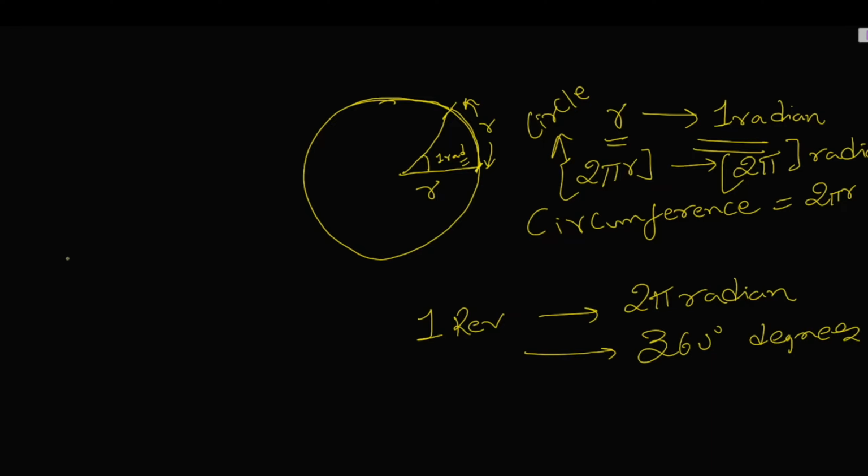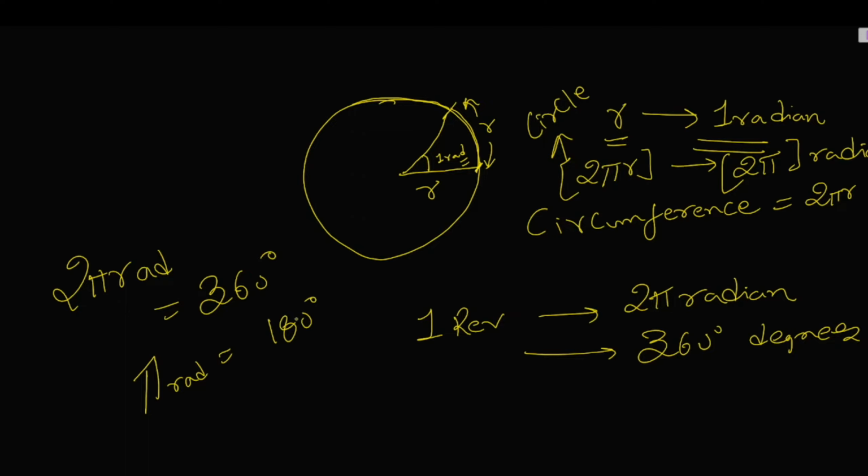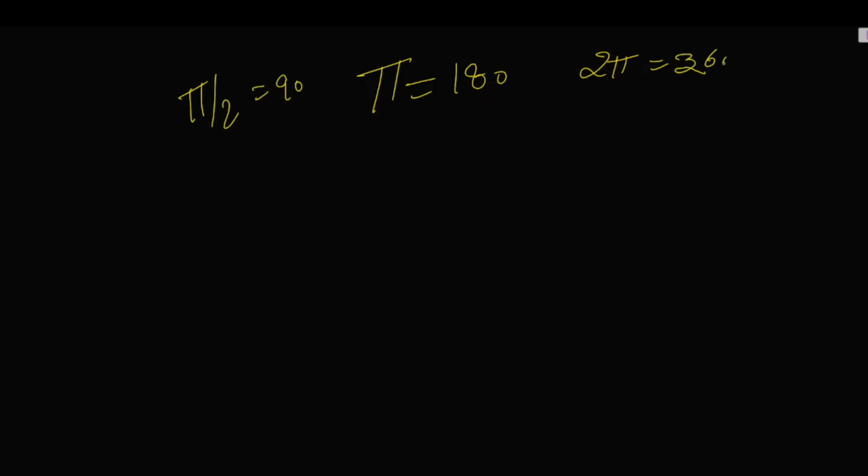So 2 pi radians is equal to 360 degrees, or pi radian is equal to 180 degrees. Okay. Is this clear? So interchangeably we use pi as 180 degrees. So what will be pi by 2? 90 degrees. What will be 2 pi? 360 degrees. This is how we interchangeably use them.